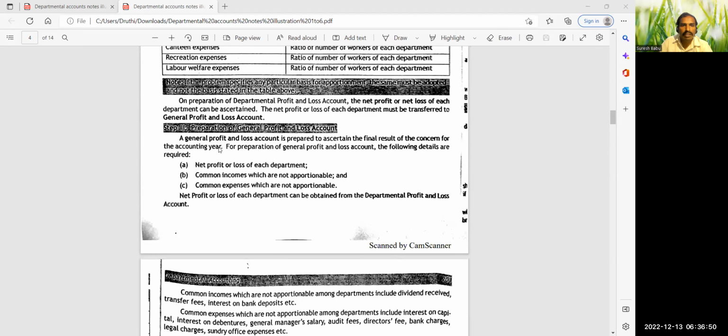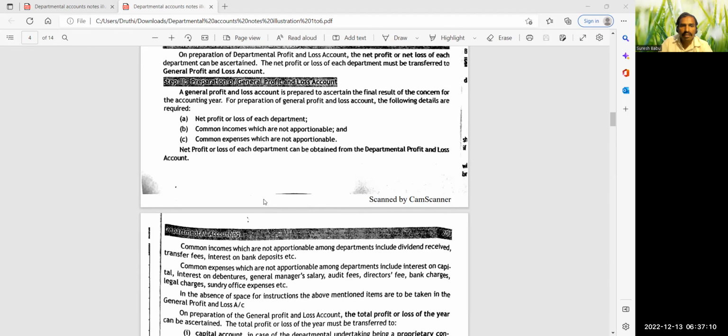The third step is, there are certain items which are common to all the departments. So these expenses or incomes could not be distributed. Hence, after the preparation of trading account, profit and loss account, you need to prepare a general profit and loss account.